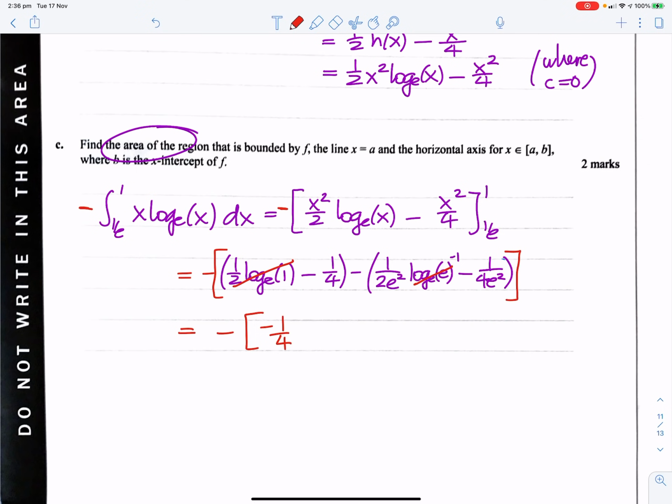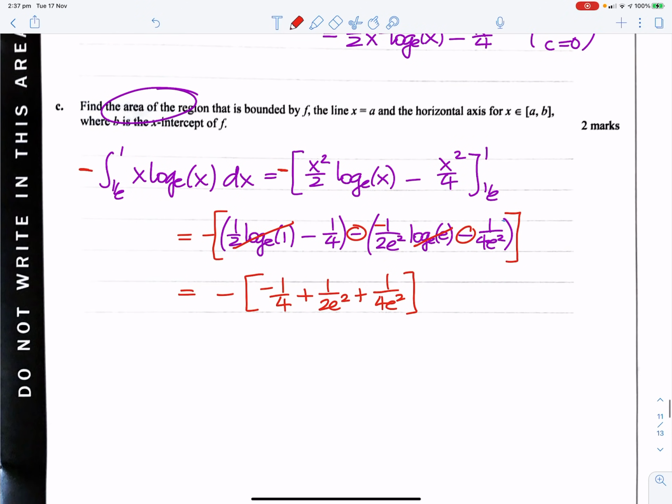That there is the same as making that negative 1 on 2e squared. So I end up with plus 1 on 2e squared, and I end up with plus 1 on 4e squared. Now let's put them all over a common denominator. 4, that becomes a 2 e squared.